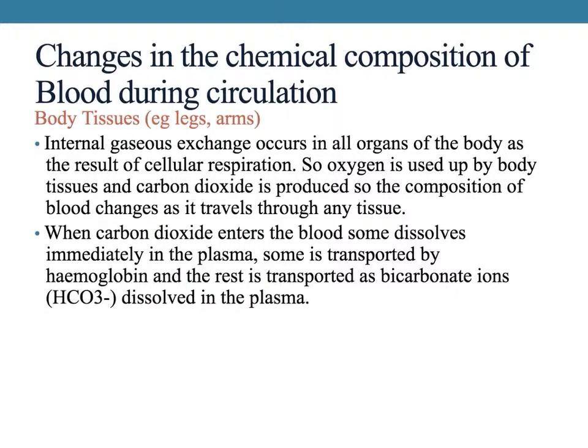So blood is taken to the organs that is high in oxygen to provide oxygen for cellular respiration. It's used up by those organs, so the blood leaving those organs is low in oxygen and high in carbon dioxide.